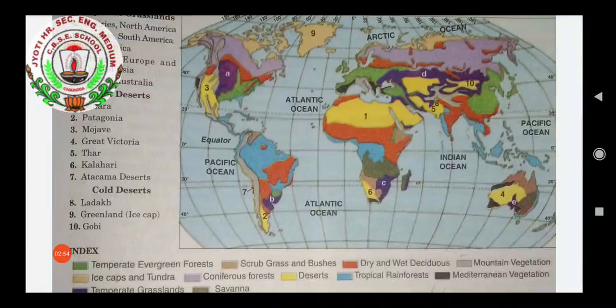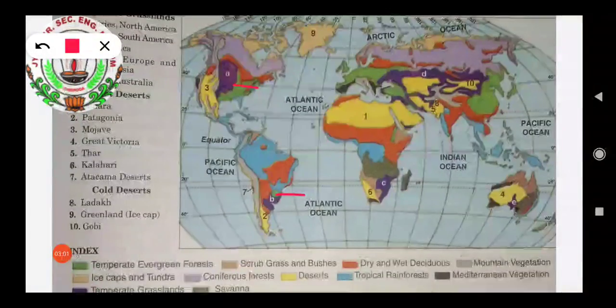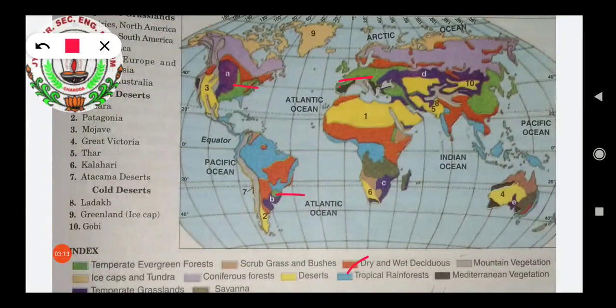Now when we see this on our map, here you can see in North America, some part of South America, and in Europe, these forests are found. Now for the orange one, this orange color is showing dry and wet deciduous forest. So we can see in North America, South America, South Africa, some parts of India, we are having these kinds of dry and wet deciduous forests. Then the yellow one is showing desert.